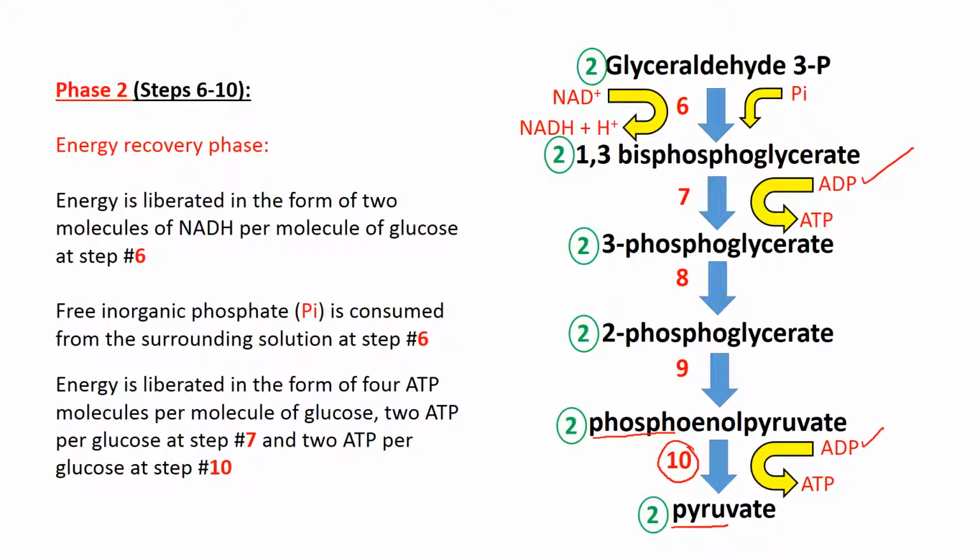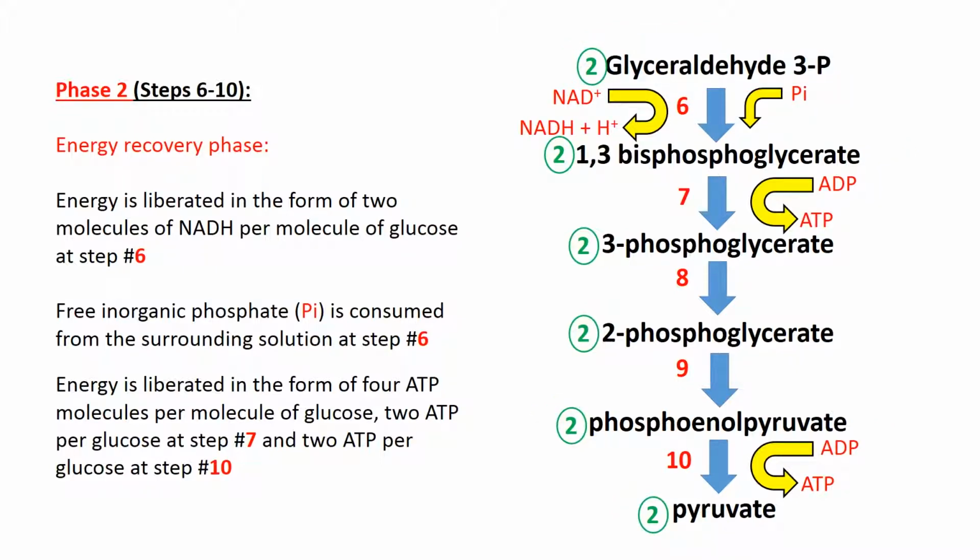Again, 2 ATP molecules are synthesized at this step for every molecule of glucose broken down, because remember, there are 2 of the glyceraldehyde 3-phosphates that enter into the reaction at the top.